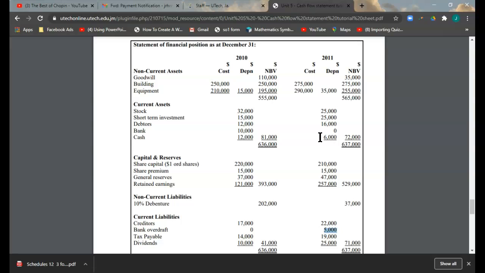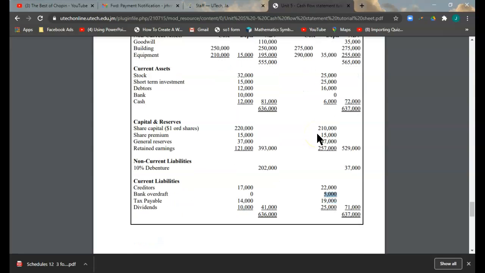So essentially, the cash flow statement is simply explaining how the company moved from this position with the cash and cash equivalents to this position at year end with the cash and cash equivalents. So let us now go back over to the Excel sheet and put in our data.